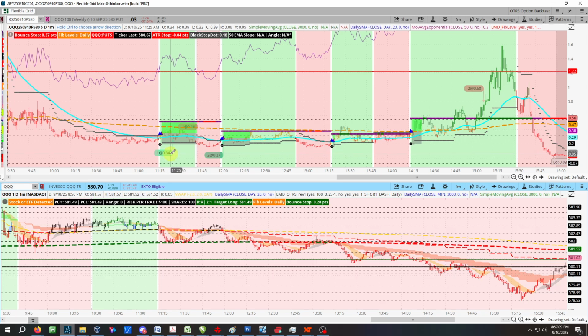Notice I bought the contract for $34. You always, in options, multiply whatever the price is by 100, and that's how much the contract is. So this contract was $34, very cheap in the option world. My stop was 18 cents where I got out of the trade.